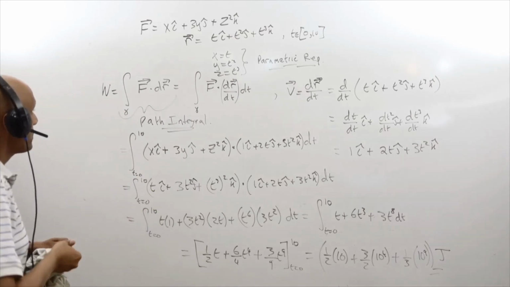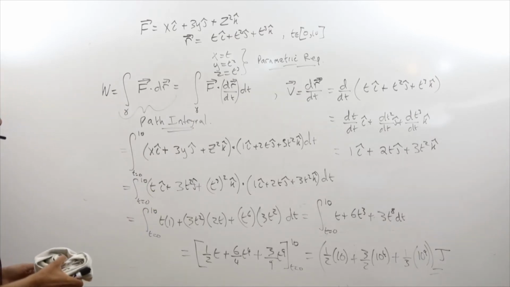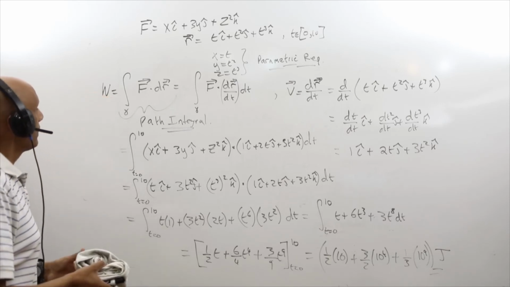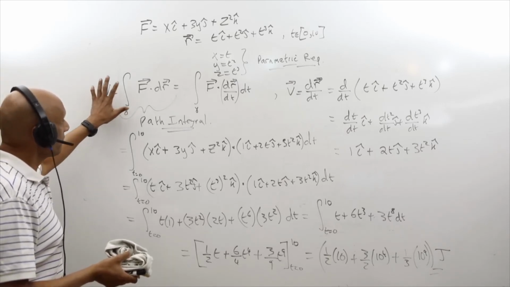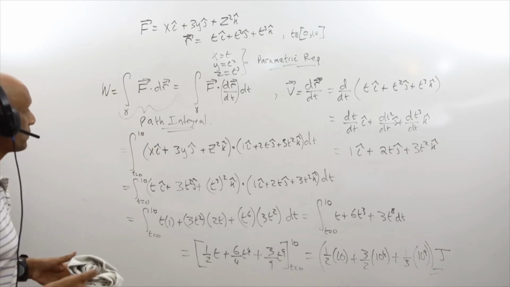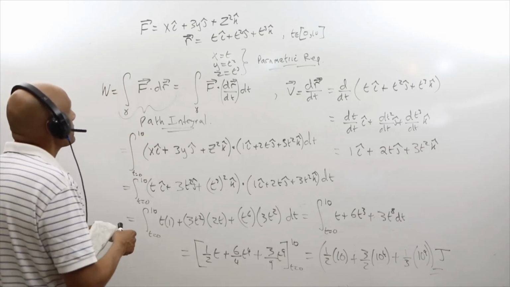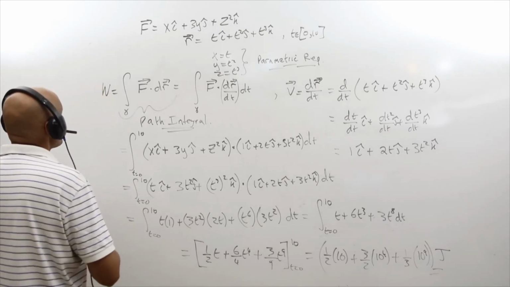Now what's really interesting is we defined work to be F dot dr, and from this definition we can rearrange things and actually relate it to something called kinetic energy. So let me erase everything and let's go back to the definition of work.